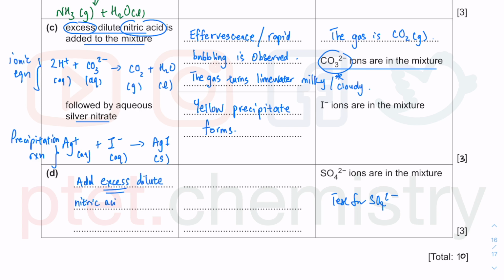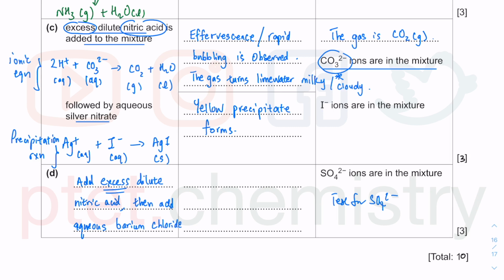And the same reason why I added excess nitric acid here is so that I can rule out carbonate being the precipitate that I'm forming. So I try to test for sulfate. I use excess dilute nitric acid here. I will get the effervescence. Once the effervescence is over, then I add aqueous barium nitrate, or you could use barium chloride, both of which are aqueous solutions.